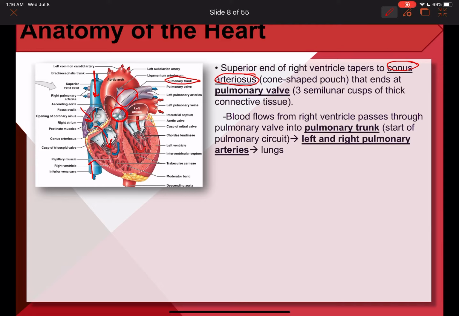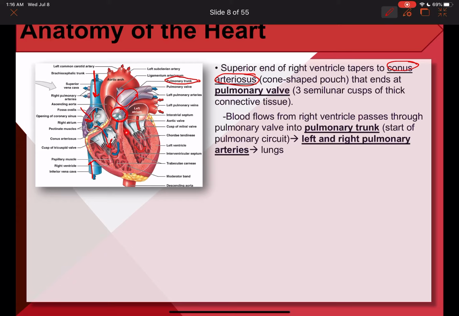And this is where blood has to go through another set of valves, which we call the semilunar valves. And this one specifically is the pulmonary valve. This here actually is kind of behind the pulmonary trunk. The heart is a very hard organ to visualize without a model. So you kind of have to imagine and play around with rotating the heart in your mind, okay?